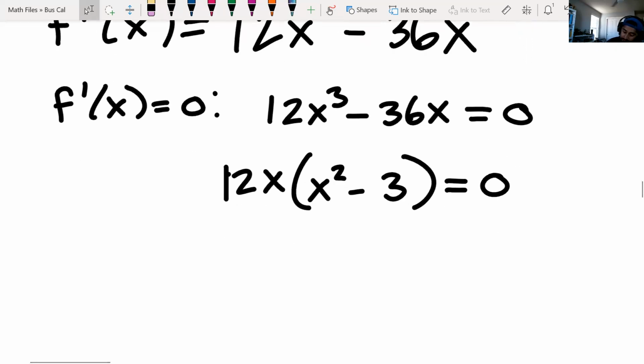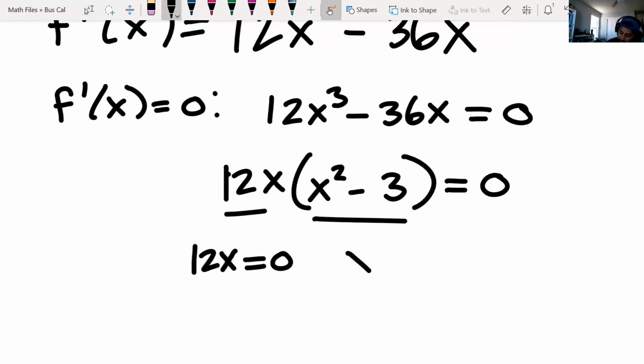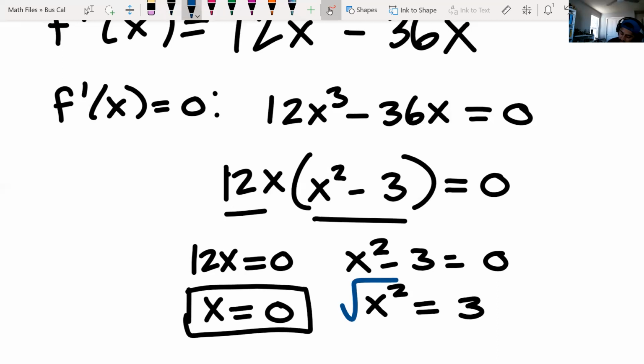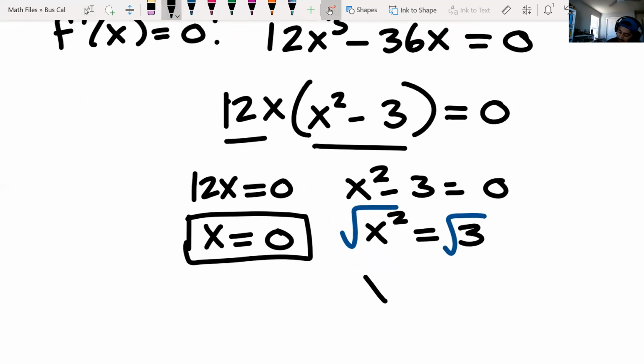Then we set both terms equal to 0. 12x equals 0 and x squared minus 3 equals 0. We get x equals 0 for the first one. That's easy. Over here, a little more work to do. x squared equals 3. You square root both sides. And then you get x equals plus or minus the square root of 3.